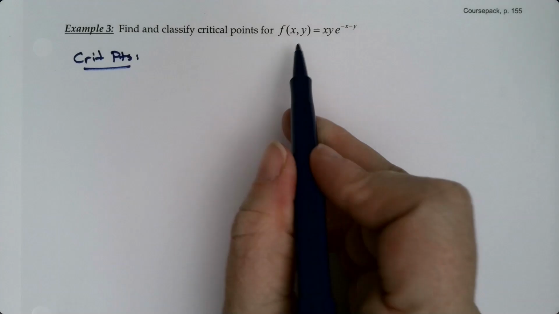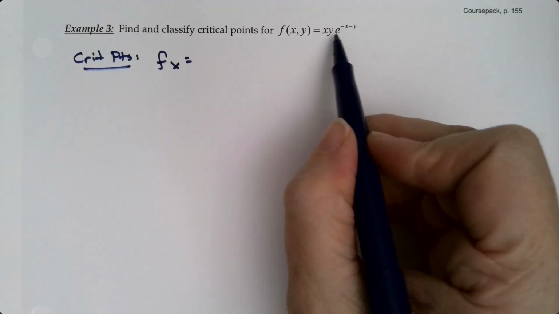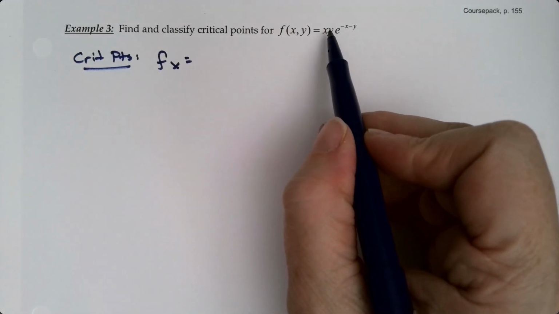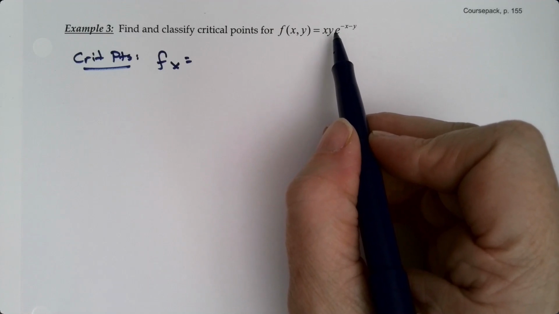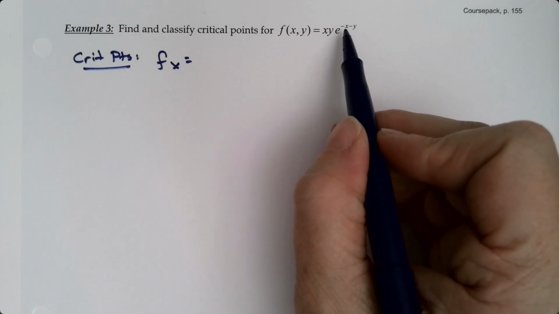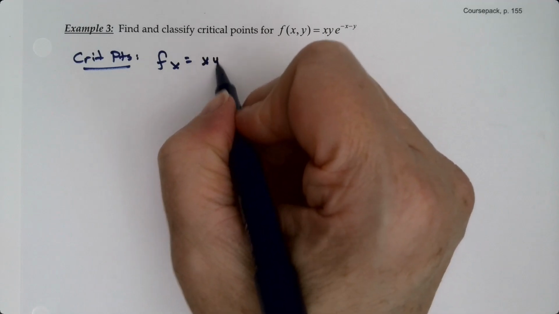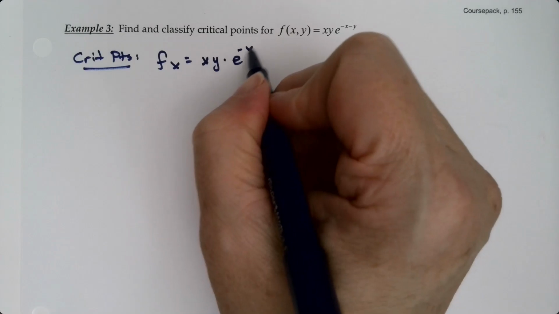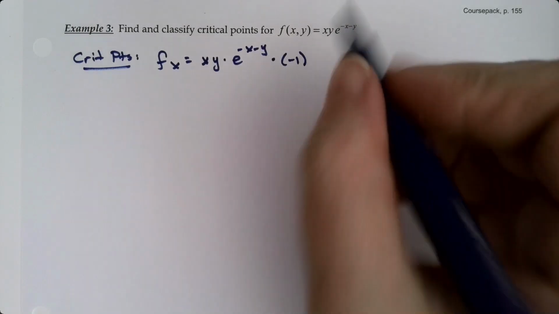Okay, to do that we need f_x, which would be, all right, let's think, xy times the derivative of e to the negative x minus y times the derivative of the interior, right? So it's product rule. So xy times e to the negative x minus y times the derivative of the interior, which is negative 1.